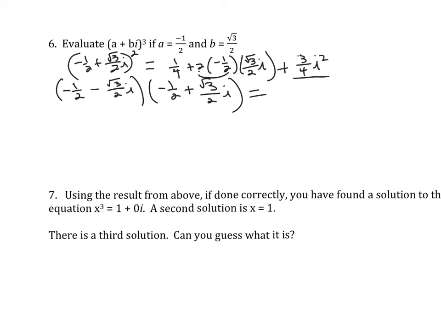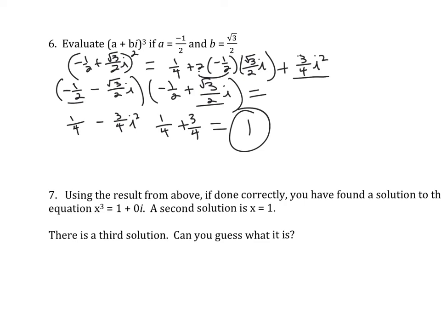And since we're multiplying a conjugate, we know we're going to end up with just a squared minus b squared, or 1/4 minus 3/4 i squared, or 1/4 plus 3/4, which is just equal to 1. In other words, our original value of -1/2 plus √3/2 i cubed is equal to 1.